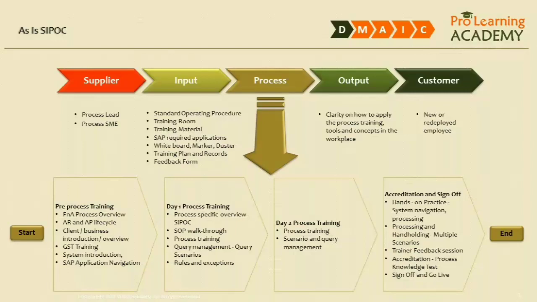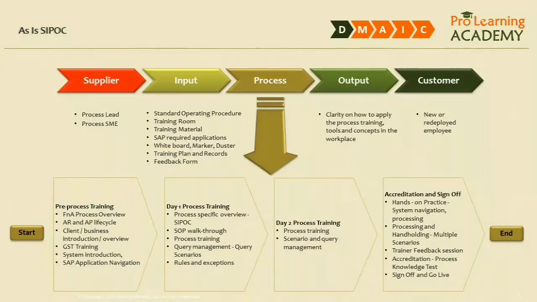These are the inputs. If any one of these critical to process inputs would miss, the process of training or conducting a training will be impacted. And if the process is impacted, the output will be impacted. That's why your inputs are very important.